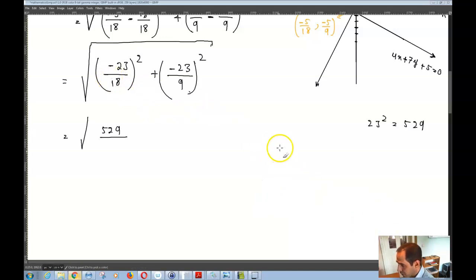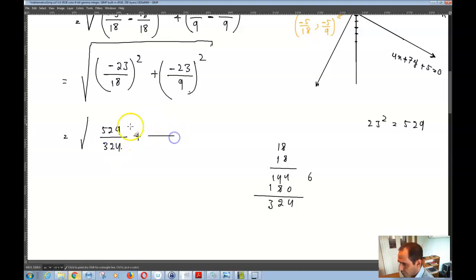Then you have 18 squared, which is 324. Plus 23 squared, which is equal to 529 over 81.